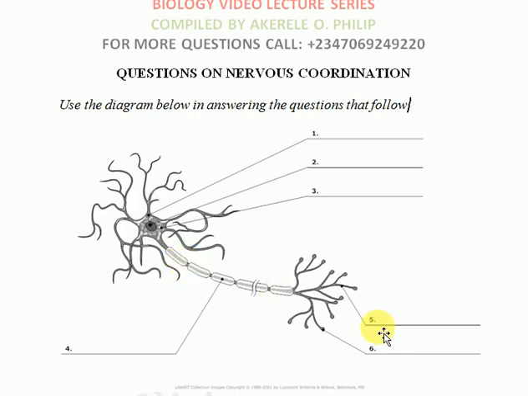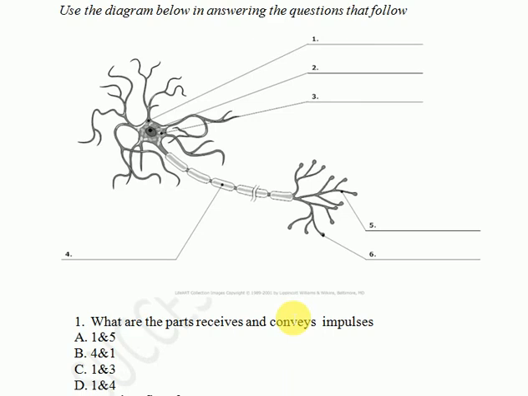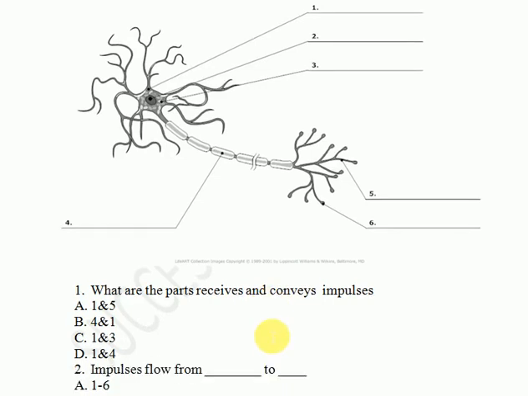While 5 is the axon terminal, while 6 is what we call terminal bulb or axonal knob, K-N-O-B. That is the point with which it will attach to an effector organ. So now that we've labeled these parts, let's see what the questions are attached to this diagram.